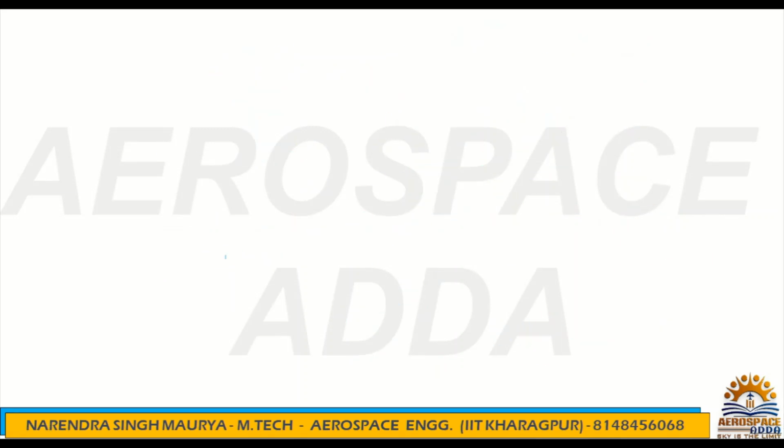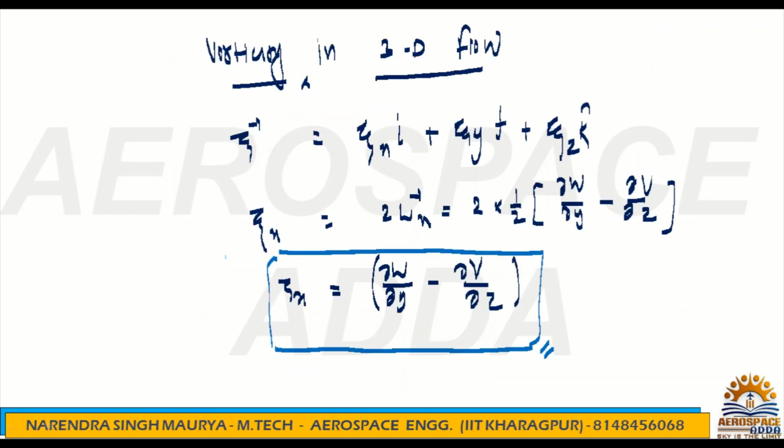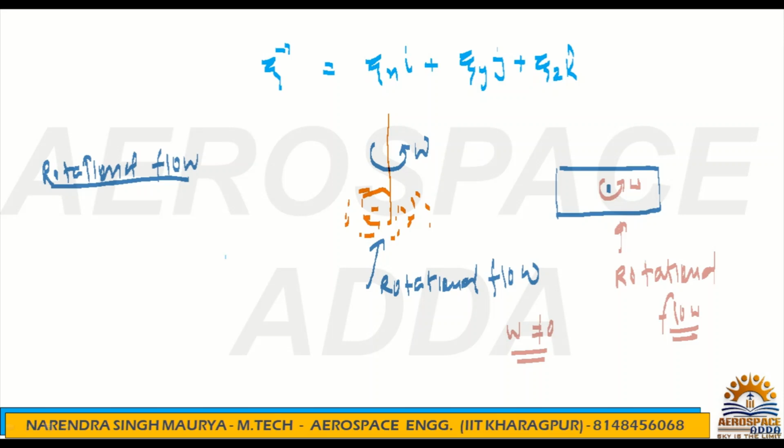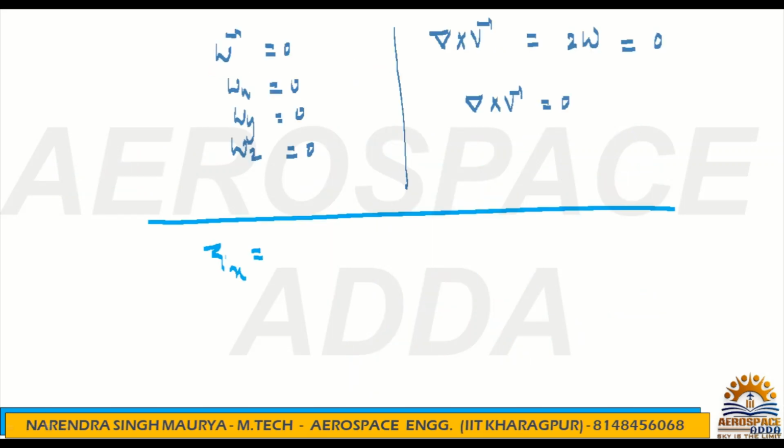Xi x is nothing but dou w by dou y minus dou v by dou z. If it is irrotational, this value will be 0. So automatically what did you get?